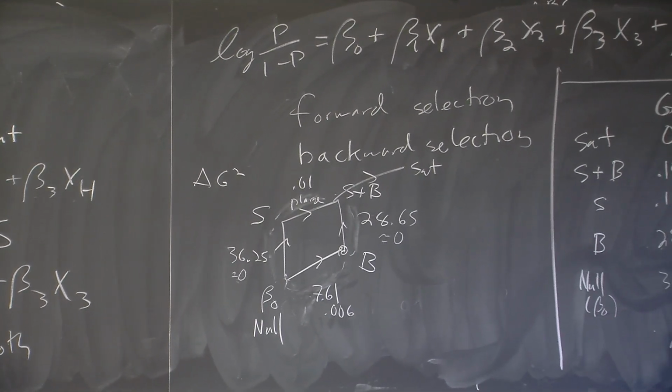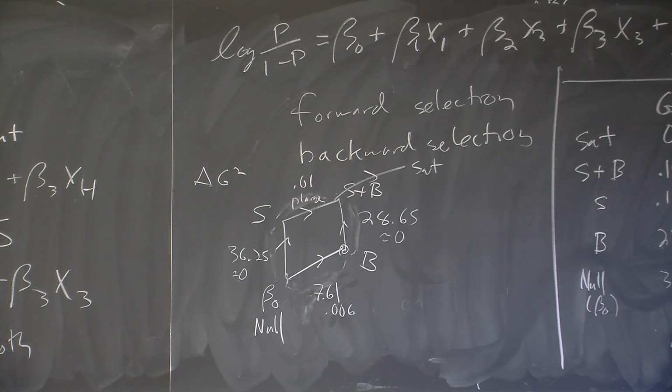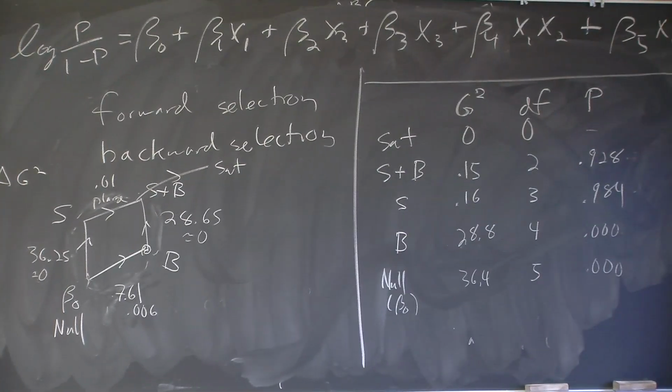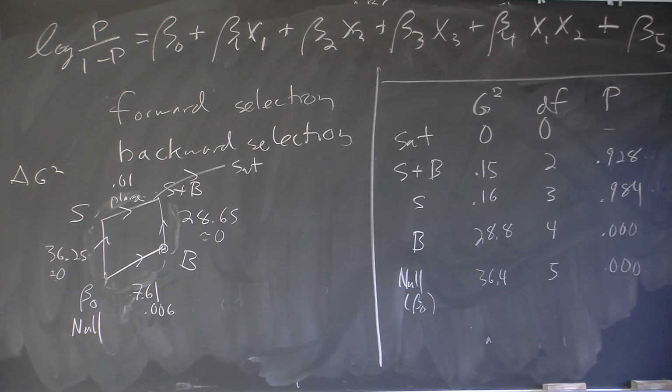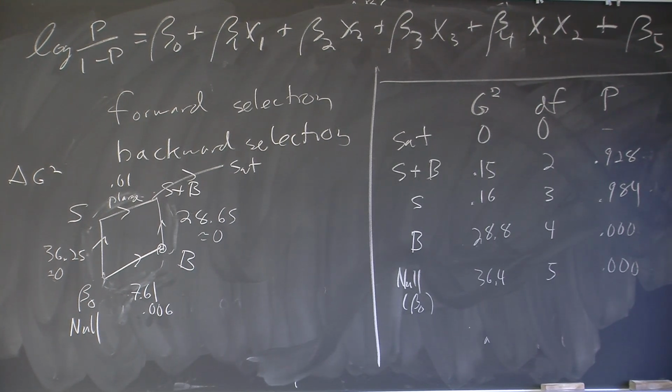I have one more question for the model selection. If you compare the delta G from the S model to the S and B model, the delta G is only like 0.01. So that means adding the B variable is not significant. Right. So we can choose the S model. Yeah, that's right.